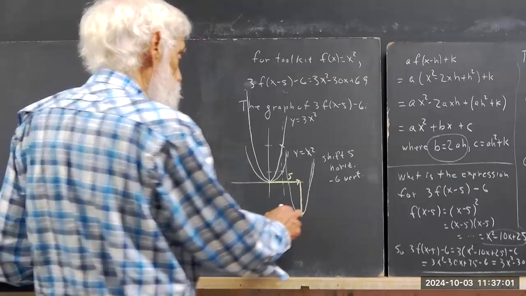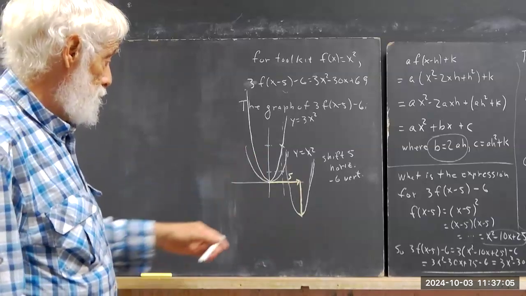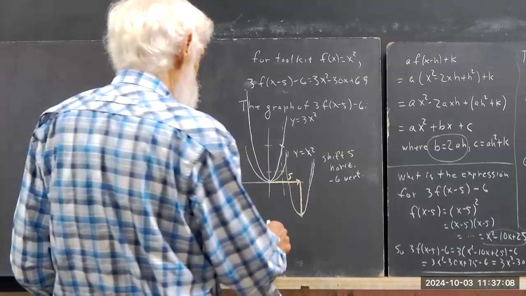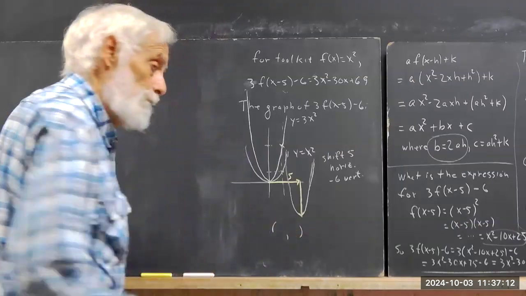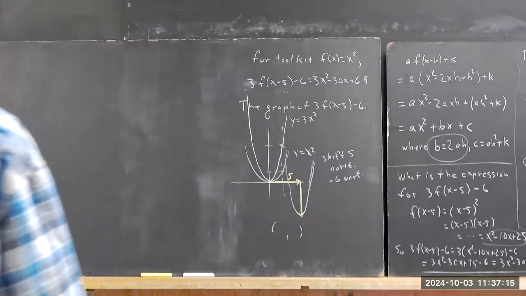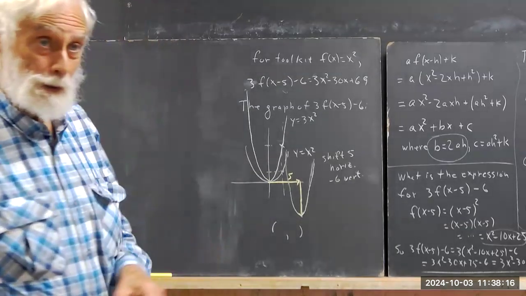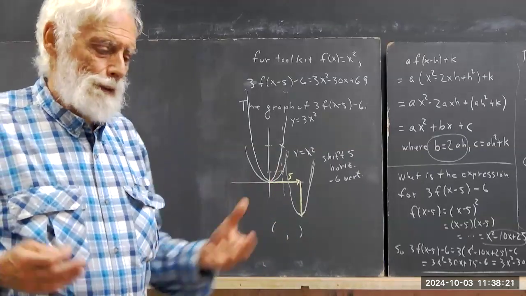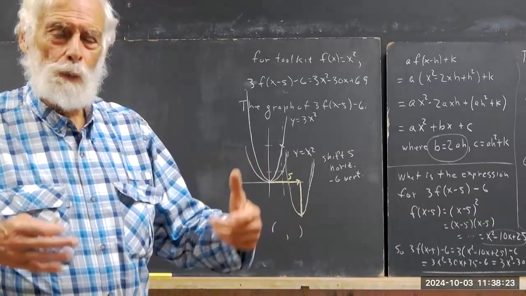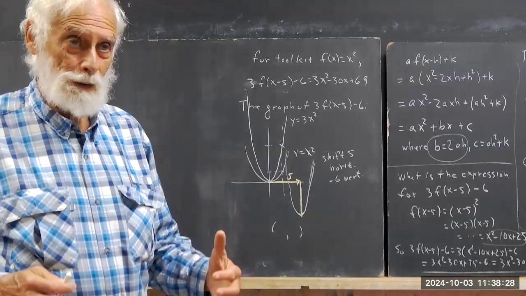All right. Well, then this point, what would the coordinates of this point be? Write them down. X coordinate, Y coordinate. Okay, now, finally, everybody wrote that one down right. And again, from what I've seen, the understanding of the coordinate plane that people bring into pre-calculus course is very, very shaky.